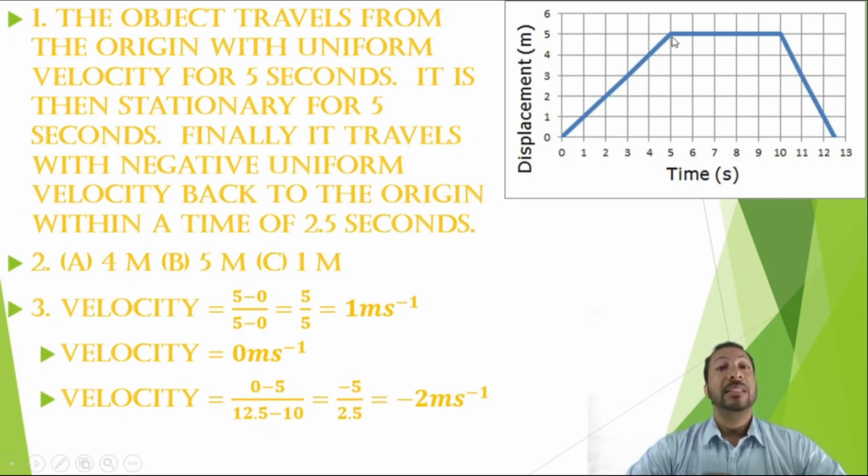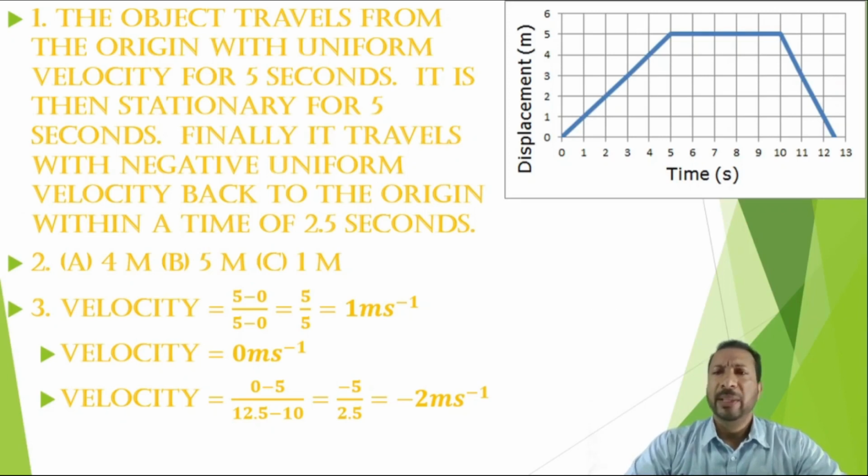Next, it is then stationary for a further 5 seconds. How do I know it's also 5 seconds? Well, the difference between 5 and 10 is 5 seconds. And finally, it travels with negative uniform velocity back to the origin within a time of 2.5 seconds. That is the difference between 10 seconds and 12.5 seconds.